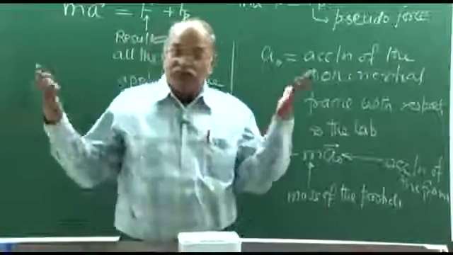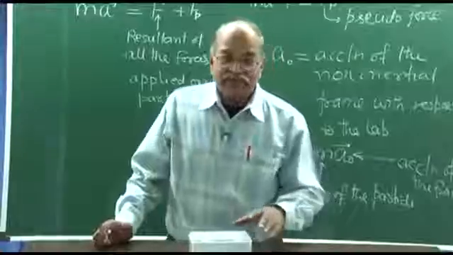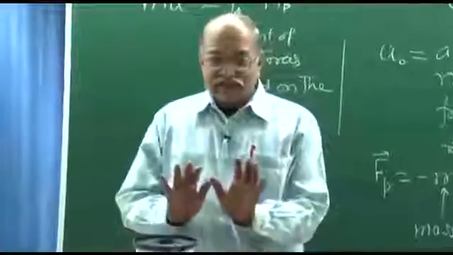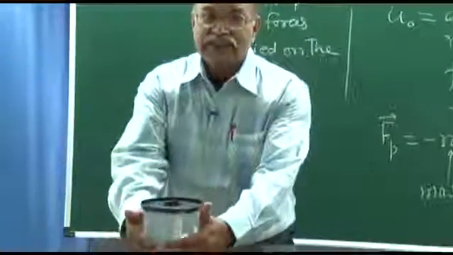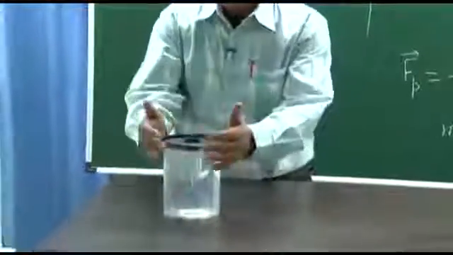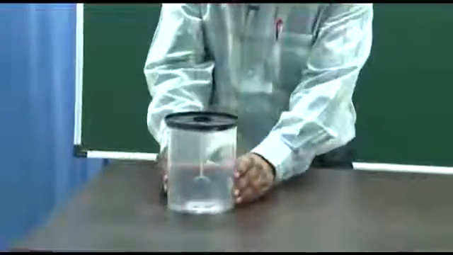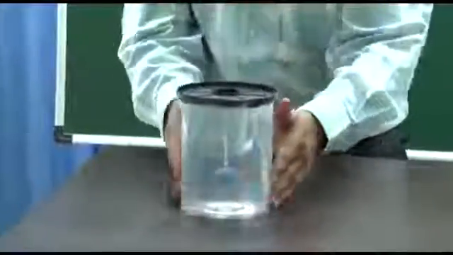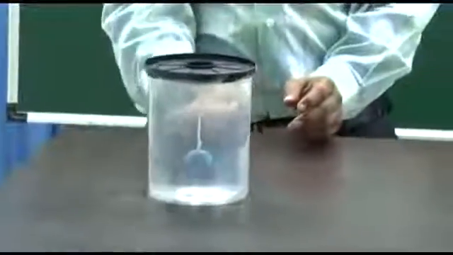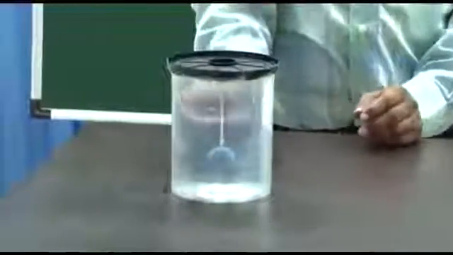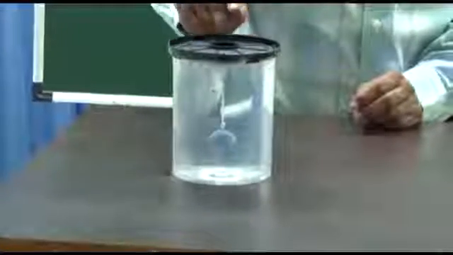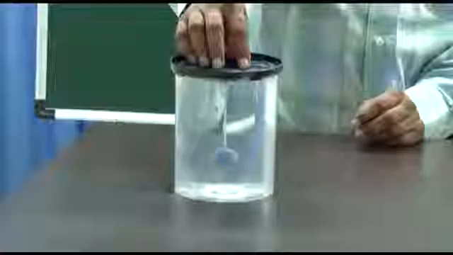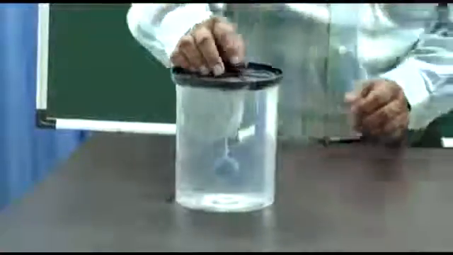We will do some more experiments to see this effect. It is the same idea. Here you have water in this vessel, and in the water we have put a ball which is heavier than water, its density is more, and it is suspended with the help of this thread, one end of the thread fixed on this lid.